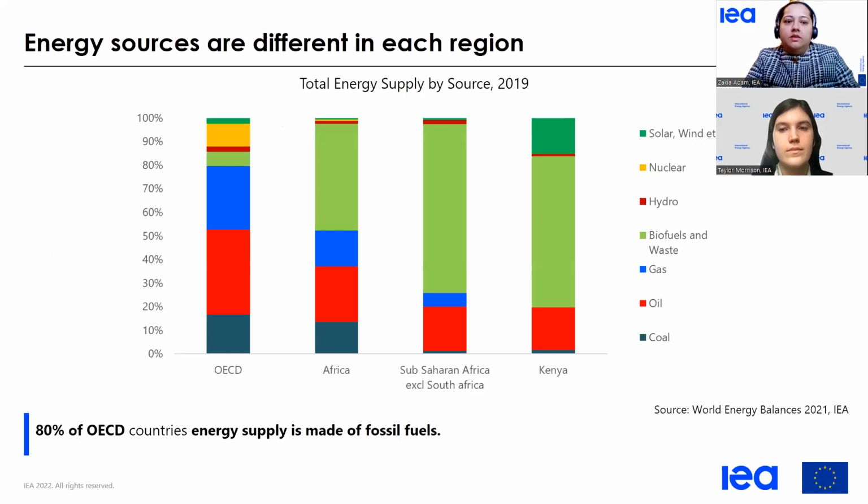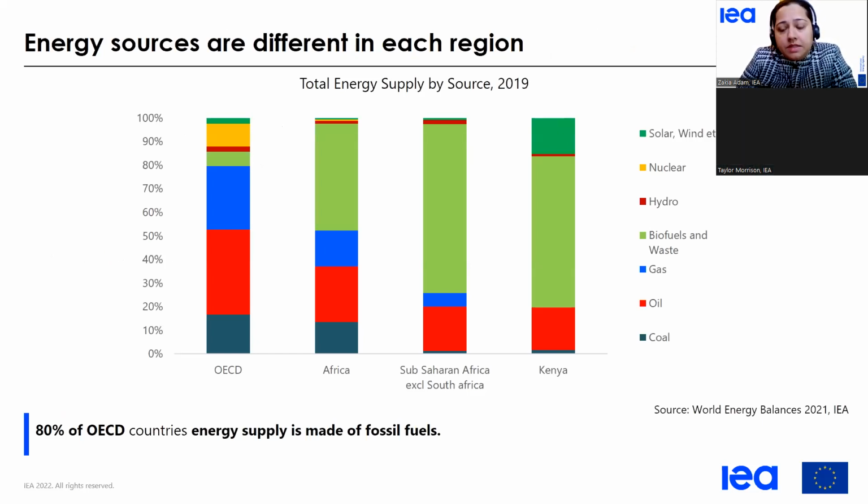So let's quickly look at energy sources in different regions. If we look at OECD regions, we see that 80% of the energy supply mix is made of fossil fuel. But if we move to Africa, we see that it's only 50%, and biofuels and waste account for a much bigger share of nearly 50%, given that hydro, nuclear, solar, etc., are minimal in Africa.